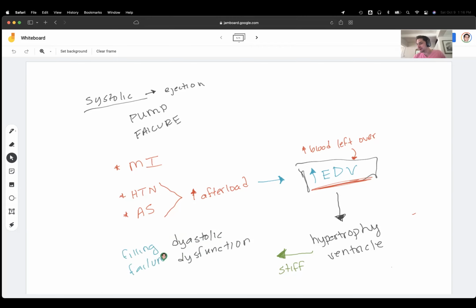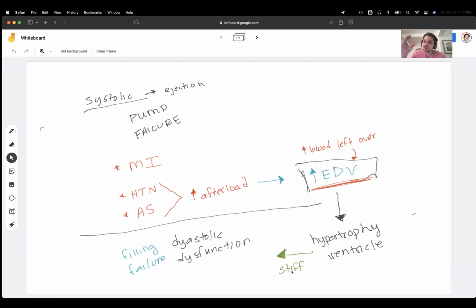Okay, so I hope this makes sense to you guys. We went through this process, right? So now we hypertrophied the ventricle and it becomes stiff. Now, if you have a stiff ventricle, it's not compliant anymore, right? When you want to put blood in it, it's not going to get bigger. So you are now in diastolic dysfunction, a filling problem, okay?